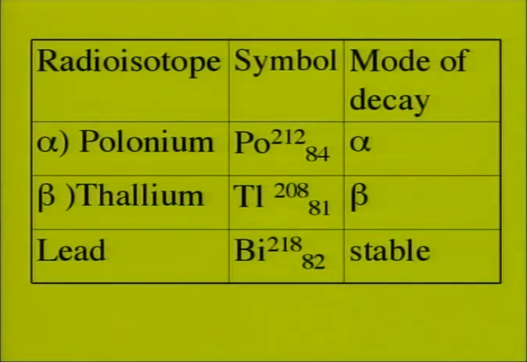This one should be 2. Okay, 208. Okay, this is 208, and that is 82. And the symbol here will be Pb.